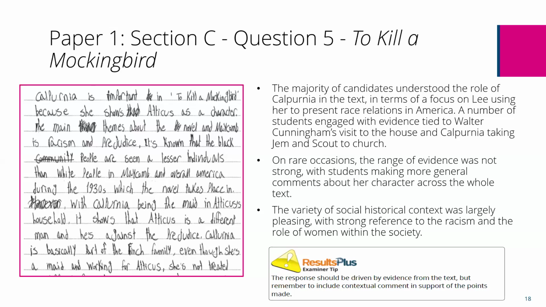She is a key figure in shaping how Scout responds to the community, teaching her about respecting others, and being a mother figure to Scout, using those familiar terms such as baby and honey and so on. So all of those, but obviously we don't have space on the slide to put everything.